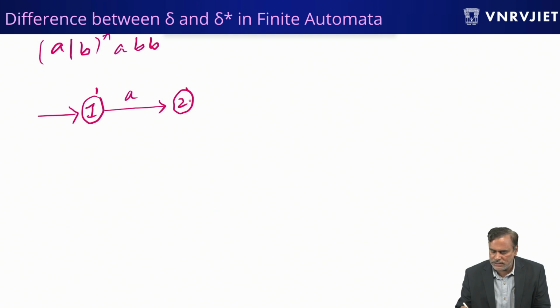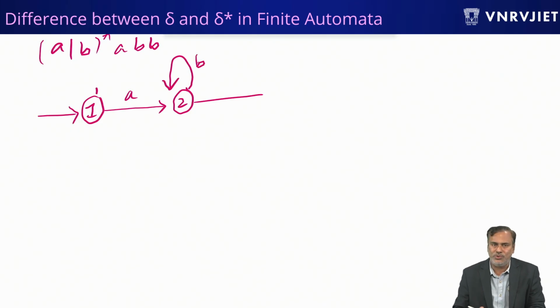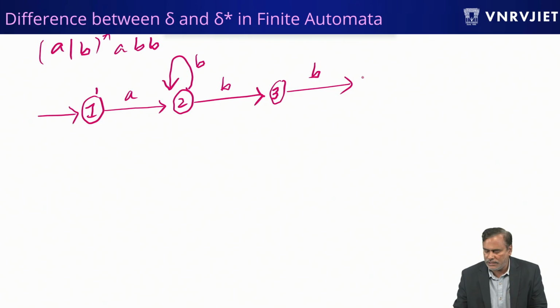Let me label the others as well. Directly I am writing. You know the procedure of how to convert NFA to DFA, or how to directly get a DFA for a given regular expression. But I am mainly interested here in knowing the difference between delta and delta star. A, B, B. Let me give the number for this state as 3 and this state as 5. And this is a final state.